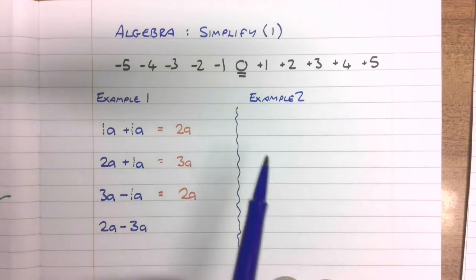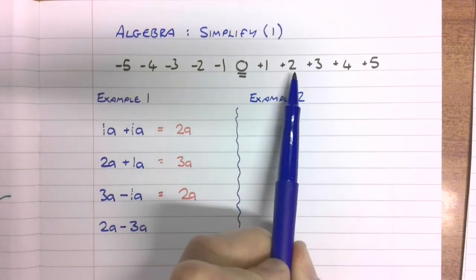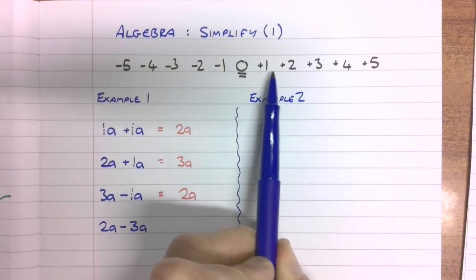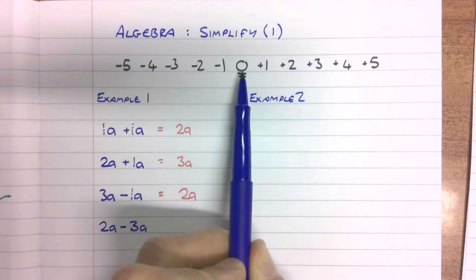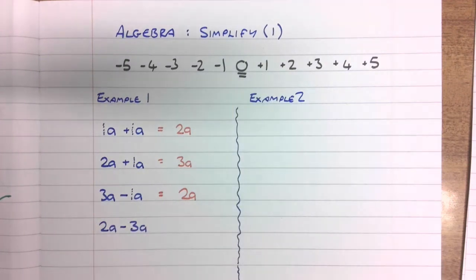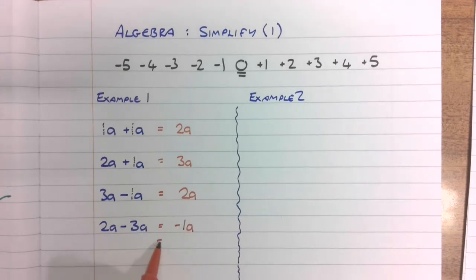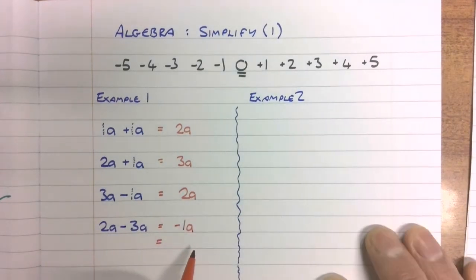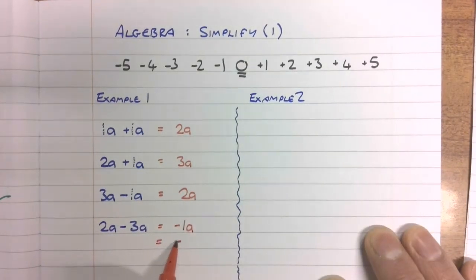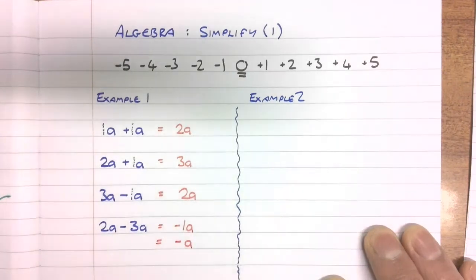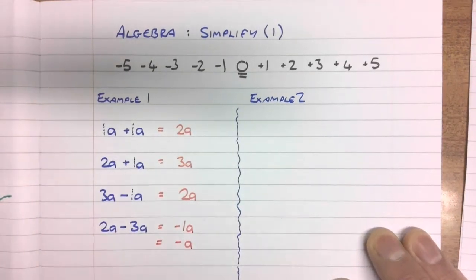If I've got positive 2 and I take away 3, 1, 2, 3, we're going to have minus 1, aren't we? So I'm going to have minus 1A, but because we don't tend to write the 1, because we're a bit lazy, we would just write minus A. Okay? So far so good.